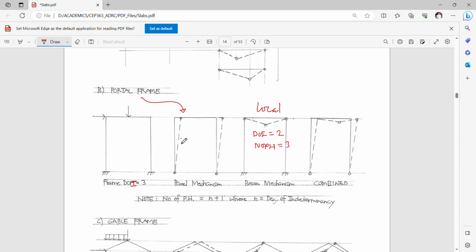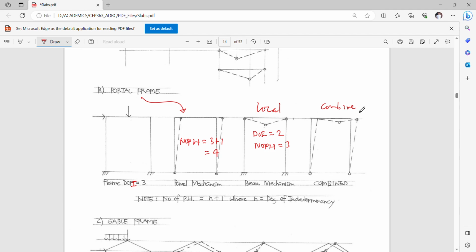Here, the number of plastic hinges is 3 plus 1, so this must be 4. And so it is true with another type of failure, which is a combined failure. So this is a portal failure, local beam failure, and this is a combined beam and portal failure.